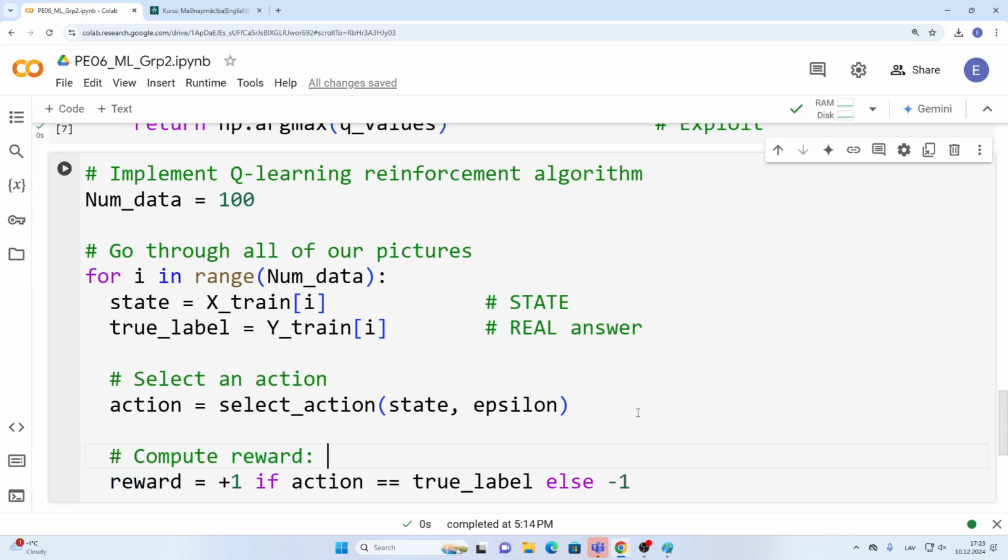So plus 1 if guessed correctly, minus 1 if incorrectly. As simple as that. And the algorithm tries to get this reward as a big number as possible. So it cares to have it positive and as large as possible. So it maximizes this reward, not minimizes.